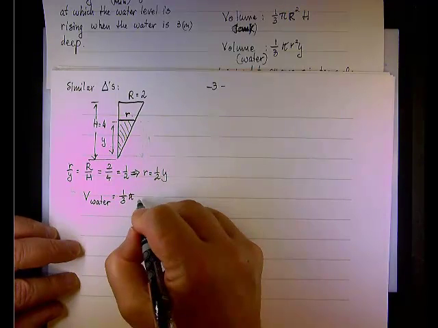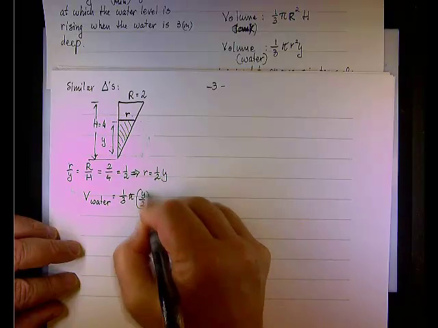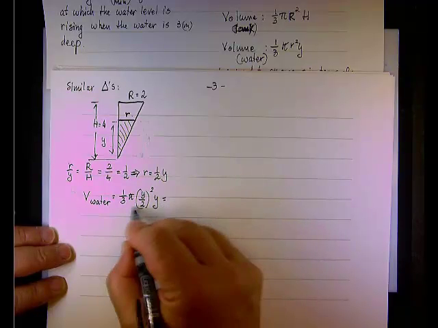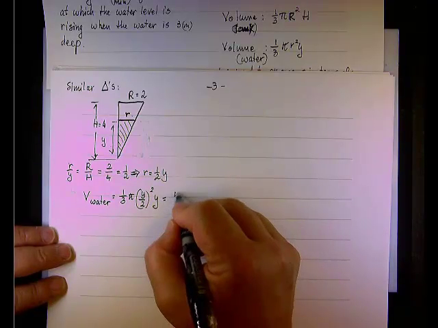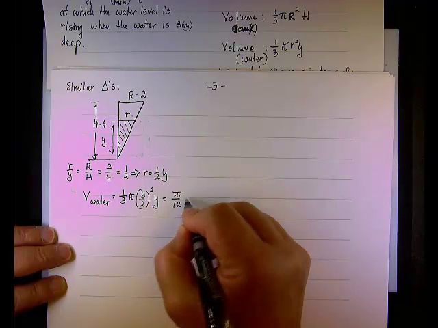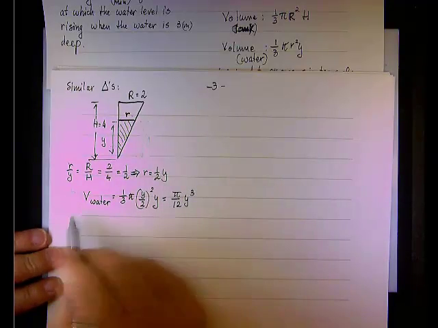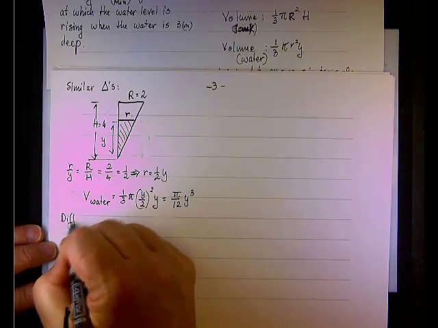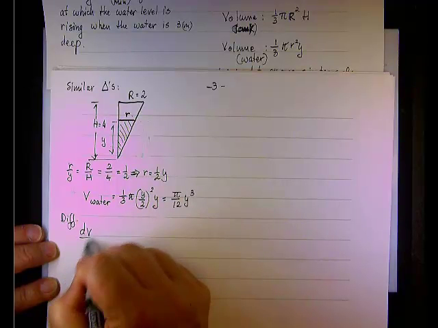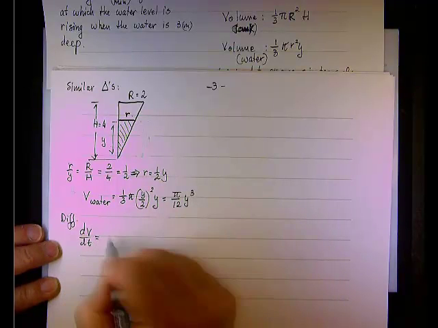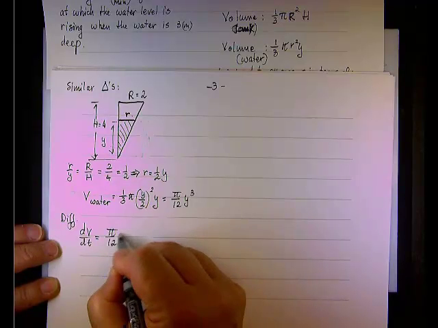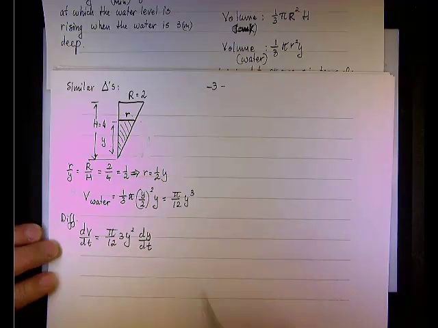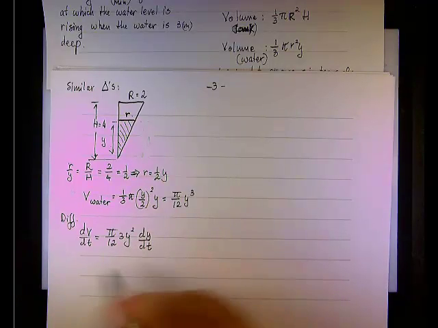Instead of r squared, I'll have (y over 2) squared, then multiplied by y, so this is 4 times 3, and I have pi over 12 times y cubed. And now I'll differentiate, and you get dV/dt on the left equals pi over 12 times 3y squared dy/dt. Okay?